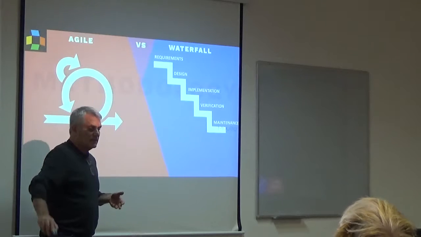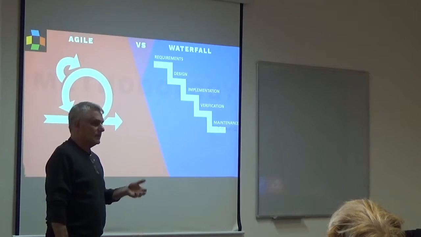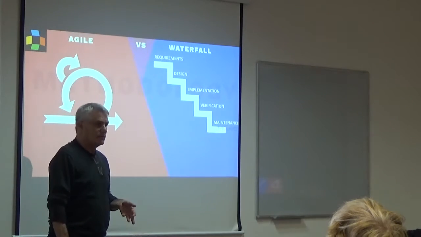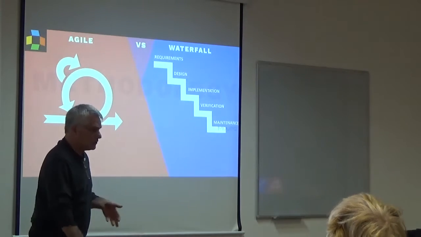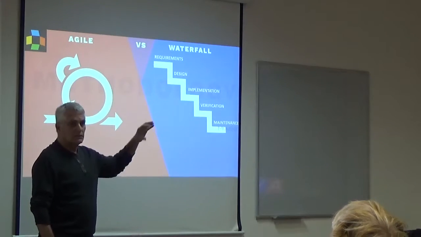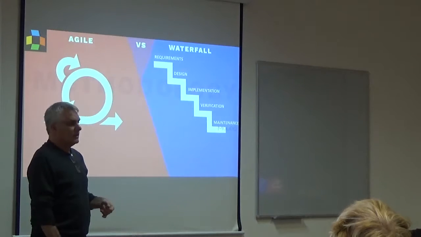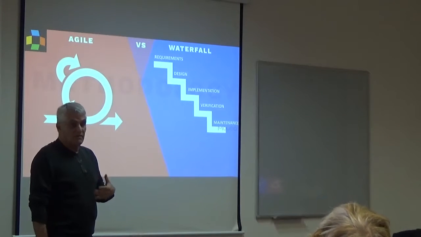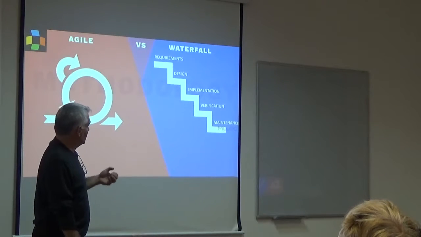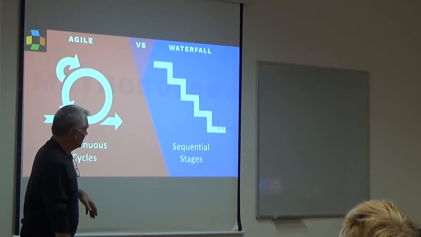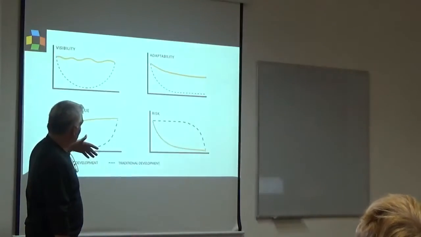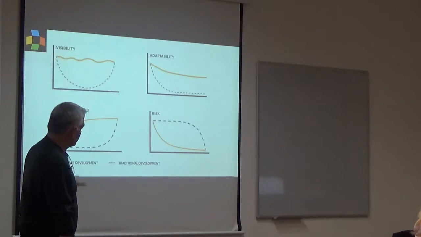If you're a big company, if you are a Monsanto, or if you are an IBM, or if you are GE doing turbines or whatever, you have many, many customers. They can tell you what's the next thing they need, what kind of feature or benefits they need. But when you're starting with a startup, you have very few requirements. So if you have very few requirements, you really want to go into this kind of a model that generates requirements as you go, because you cannot anticipate all the requirements.